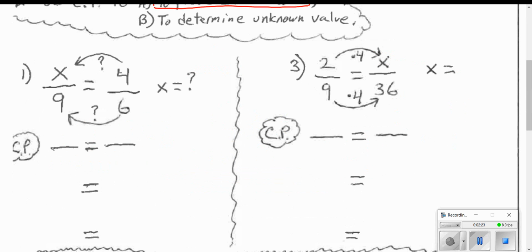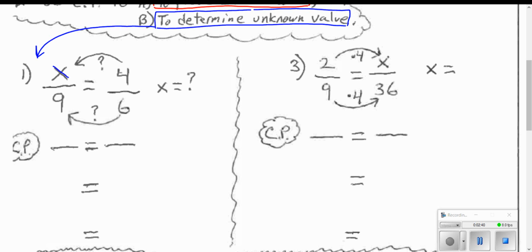We can also use cross products to determine an unknown value. So if we have a proportion, but we don't know one of the numbers, we don't know what x is, how do we figure it out?